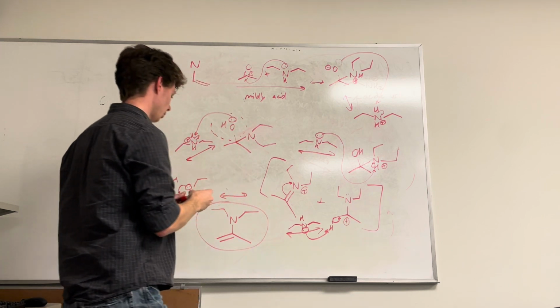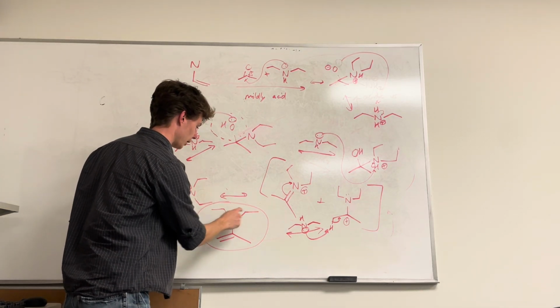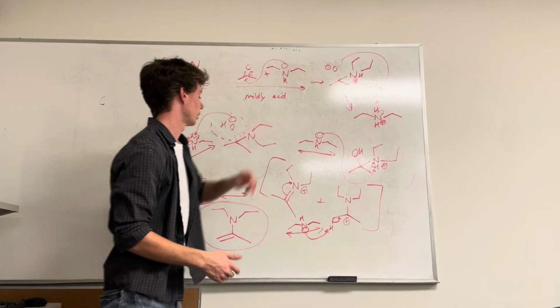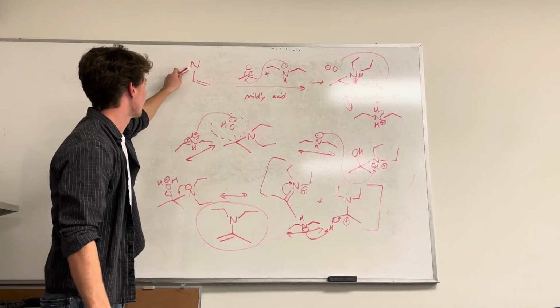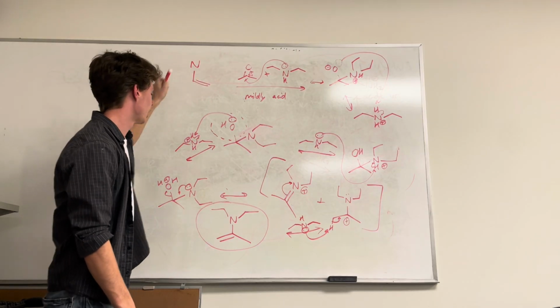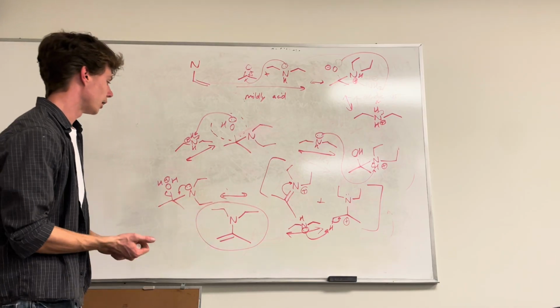My enamine product, okay? 1, 2, 3, 4, 5, 6, 7 carbons. 1, 2, 3, 4, 5, 6, 7 carbons. I've made a nitrogen one away from a double bond, so I made an enamine there. Predicted an enamine, I made an enamine at the end, okay?